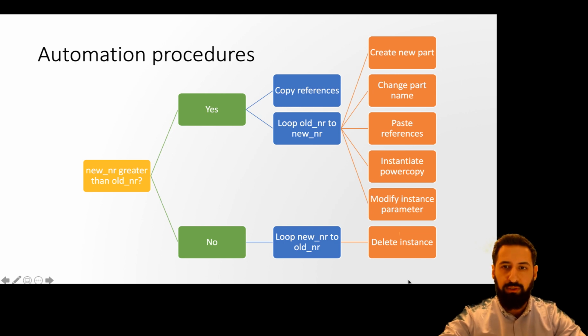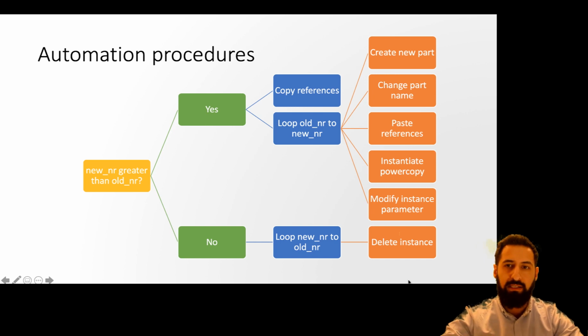Adding the ribs consists of adding a new part, changing the part name, and then you paste the copied references in the new part, instantiate your power copy, and then you modify the instance parameter.